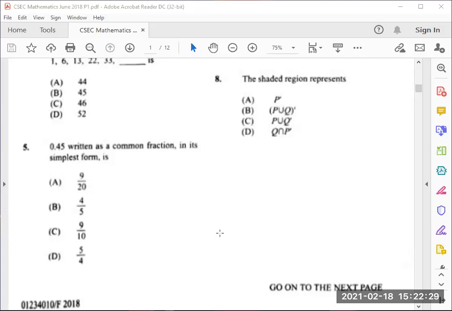A, sir, A. Number 5 is A. That's 45 over 100, and you break it down to its lowest terms, and you get 9 over 20.